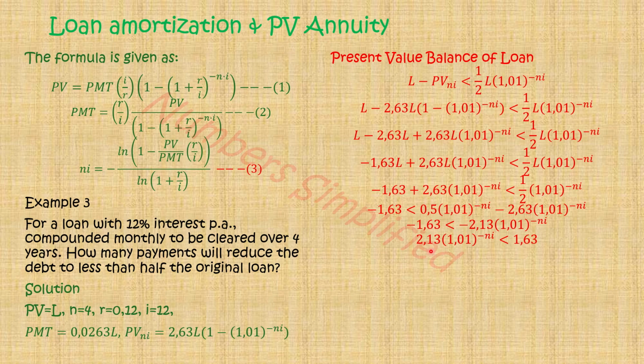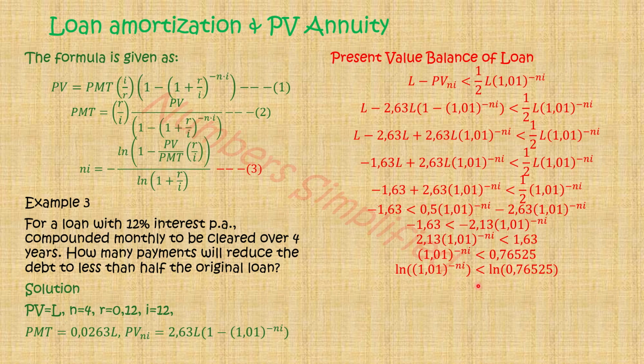Now we divide throughout by 2.13. When we do so, we're going to have 1.01 raised to the power minus ni being less than 0.76525. And introducing the natural log on both sides, we are going to have that.